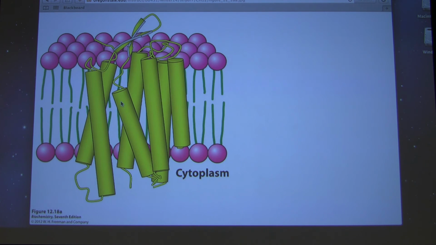Bacteriorhodopsin is an integral membrane protein. It projects through both layers of the lipid bilayer. And this molecule is involved in light sensing. So for bacteria that are photosynthetic, they will have this protein associated with them. And this protein does something really, really cool.